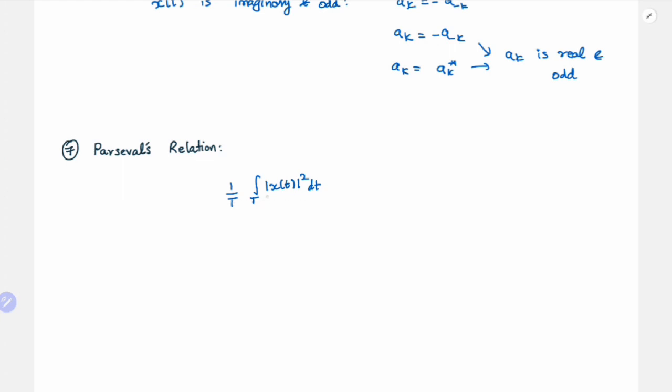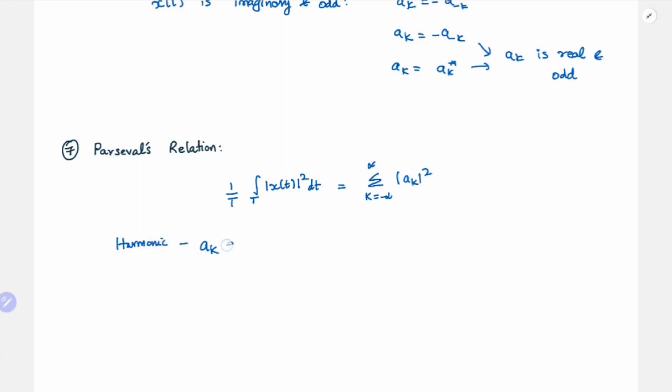When it is over a period and 1 by the time period, the power of the signal x of t is equal to the sum of the coefficients square.